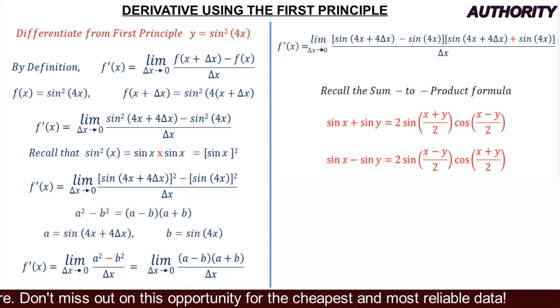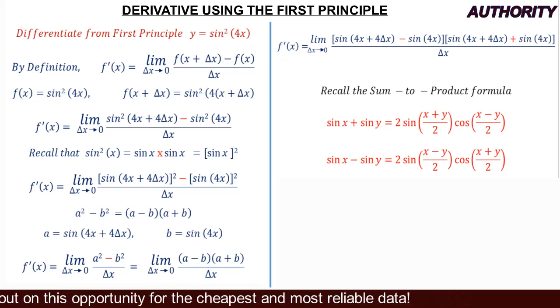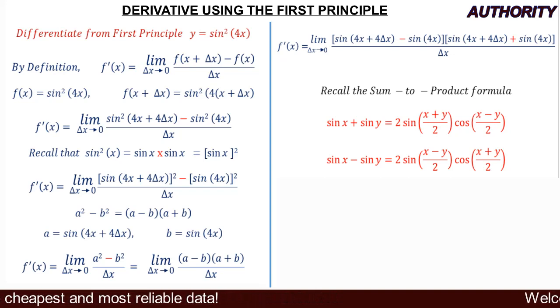But look at the content of the brackets: for the addition, sine has x plus y all over 2 and cos has x minus y. For the difference, sine has x minus y and cos has x plus y. Sine is positive for the addition and negative for the difference, while cos is negative for the addition and positive for the difference.